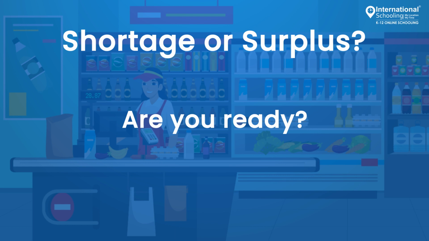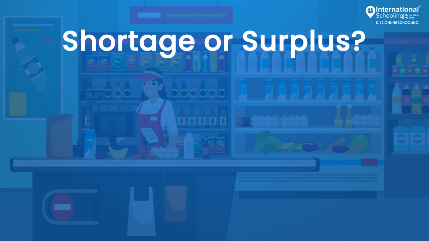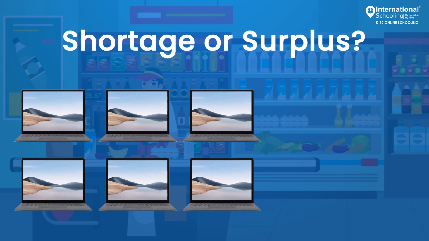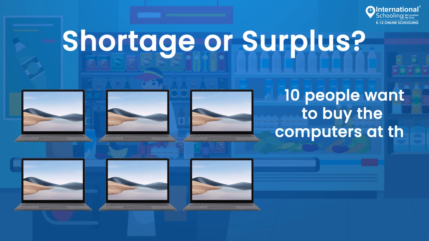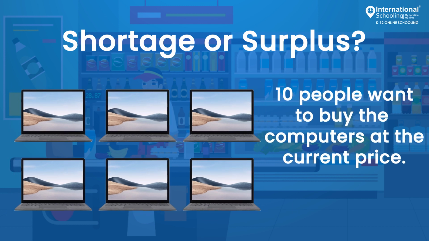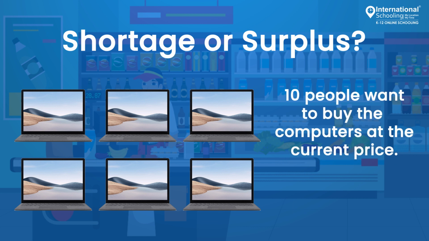Cool. Let's get started. Let's say a store has 6 computers that they want to sell, and there are 10 people who want to buy the computers at the current price. So 6 computers and 10 people who are willing to buy at the current price.